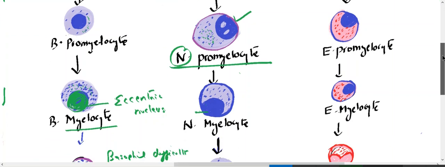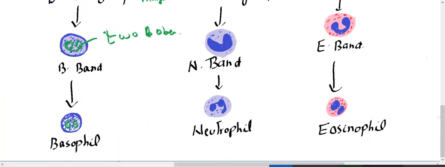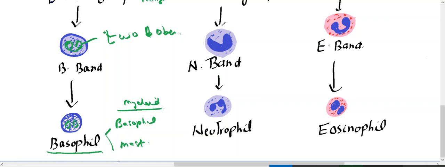I forgot to mention something important here, guys. Basophils and mast cells both arise from the same progenitor cells, that is the myeloid progenitor cells.